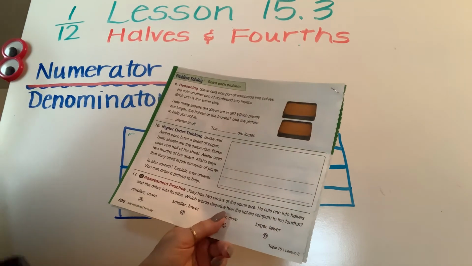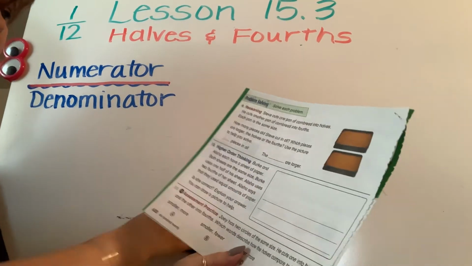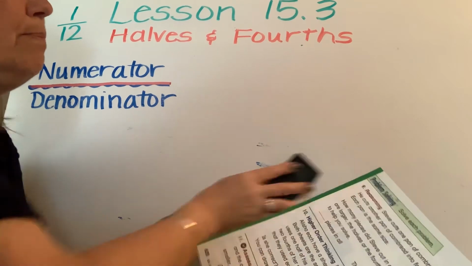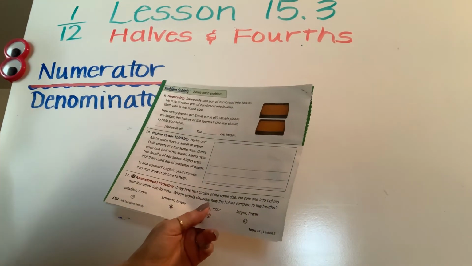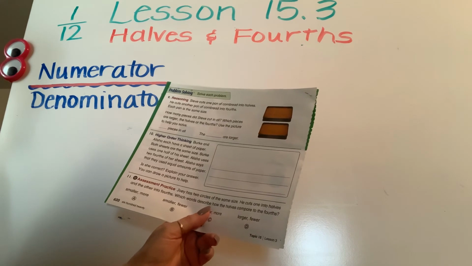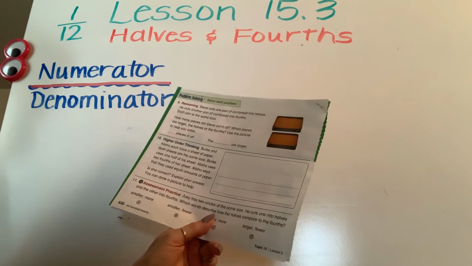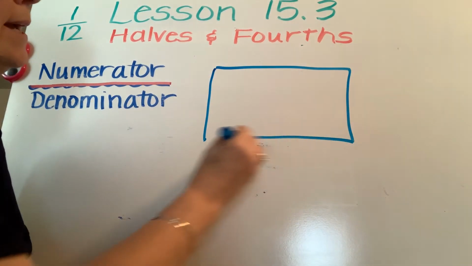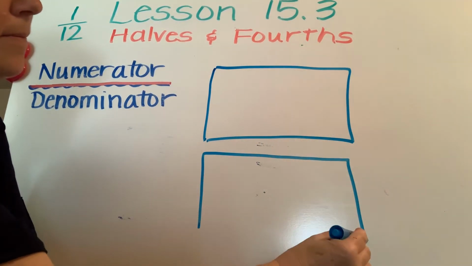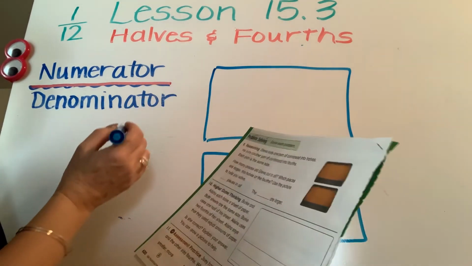I thought this was a very clever math problem. All right. Steve cuts 1 pan of cornbread into halves. He cuts another pan of cornbread into fourths. So we're going to do 2 pans. And we're going to cut 1 in half.